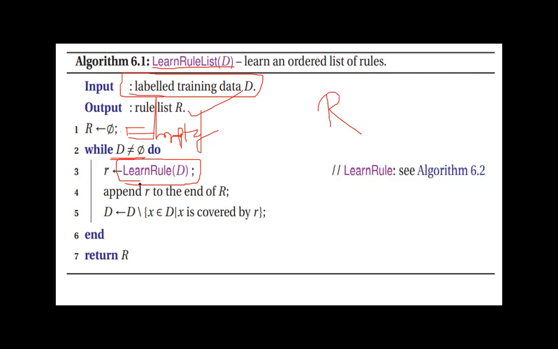It gives you a rule R. Learn rule for D, for this data, learn a rule. So it gives us a rule.